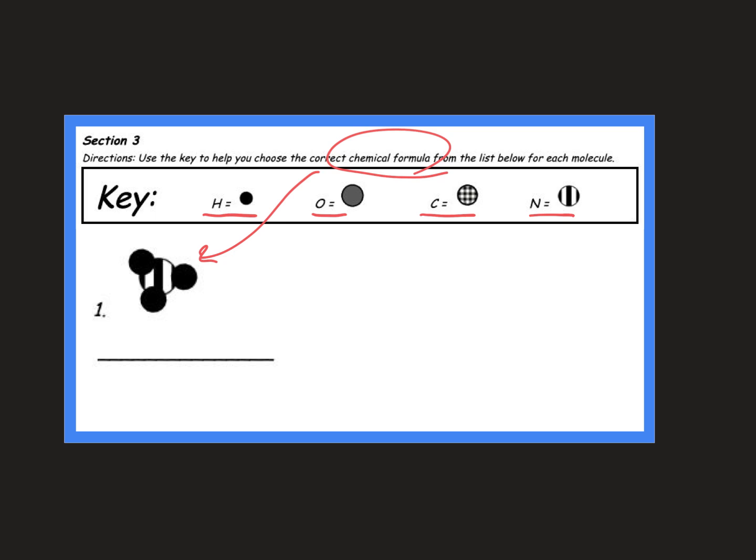So for this one, I see N, nitrogen, and I see H, hydrogen. So I'm going to write NH3. Could also write H3N. Either way is totally fine. That's section 3.